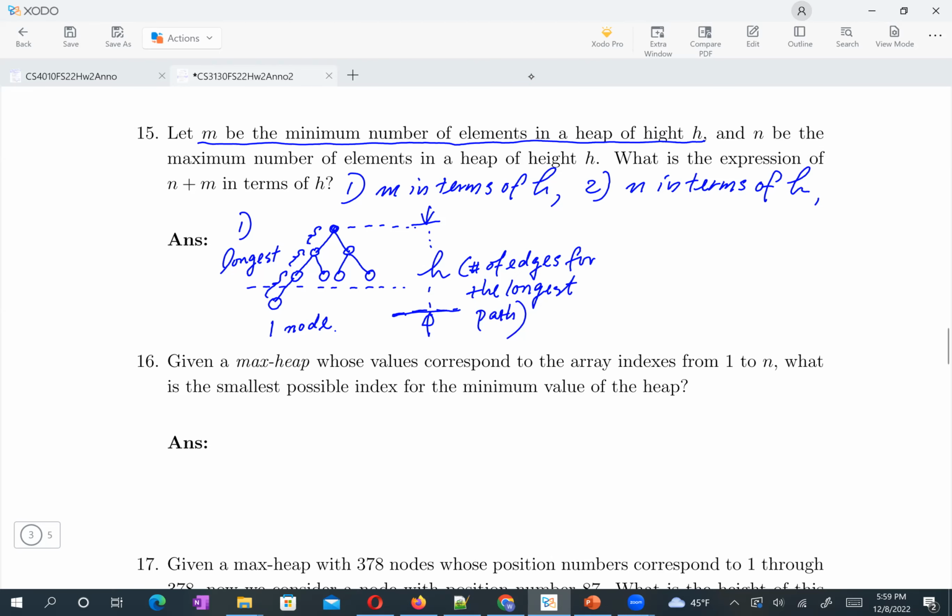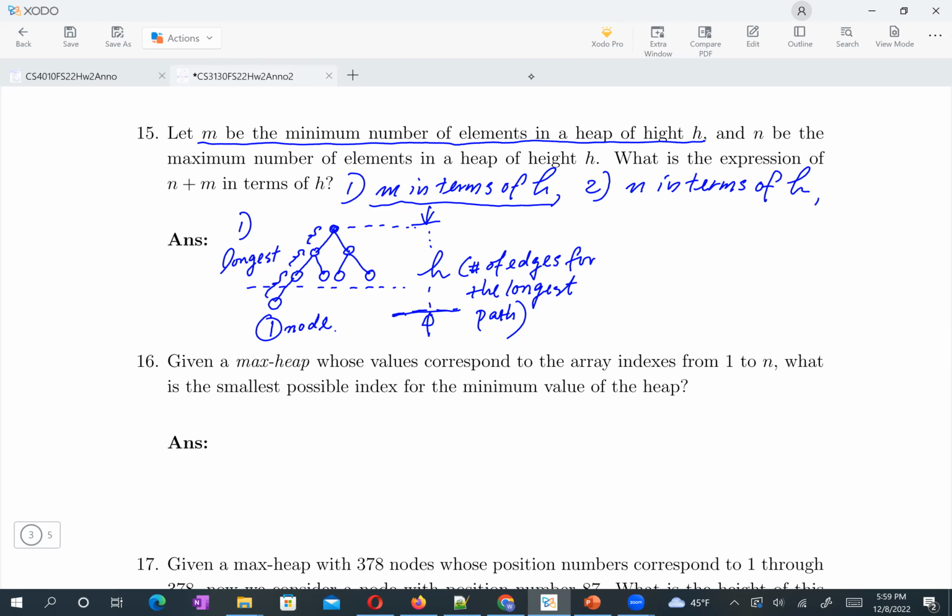And the bottom level has only 1 node. With that information, can you figure out the formula for M in terms of H?